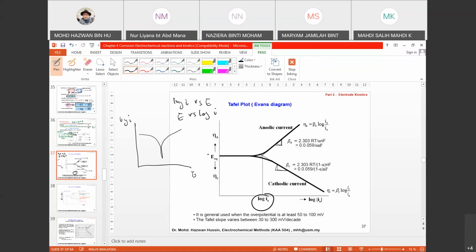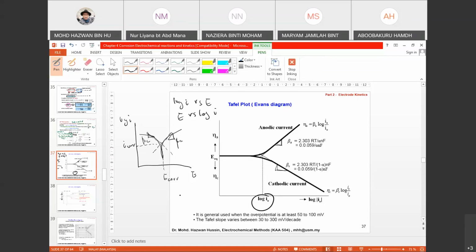The plot is created when you have two linear graphs connected together. This is the point where you get your equilibrium. If you do a tangent of your Tafel plot, you will get your I corr, or the measured current density. So this will be your beta A, and this slope will be your beta C.